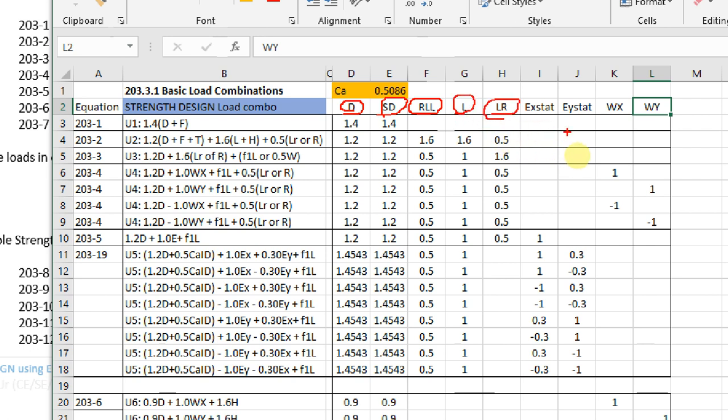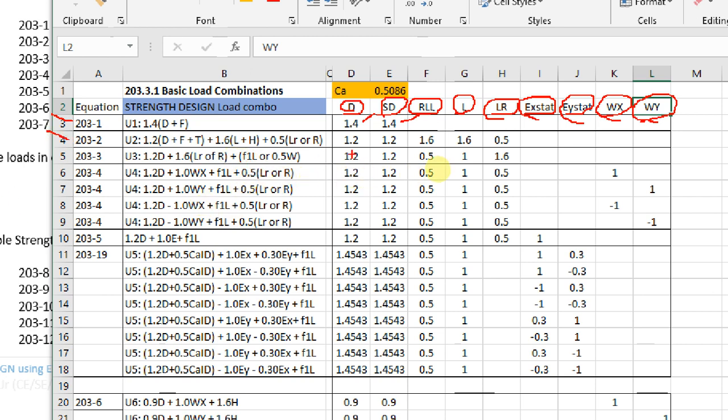Okay, ito yung equation 203-1: 1.4 dead, 1.4 super dead or superimposed dead load. Then 203-2, ito siya, 1.2 dead, 1.2 super dead, 1.6 reducible live, 1.6 live, and 0.5 roof live.